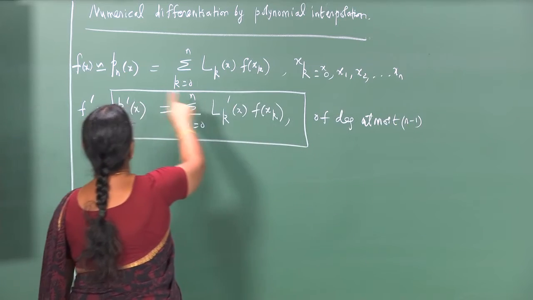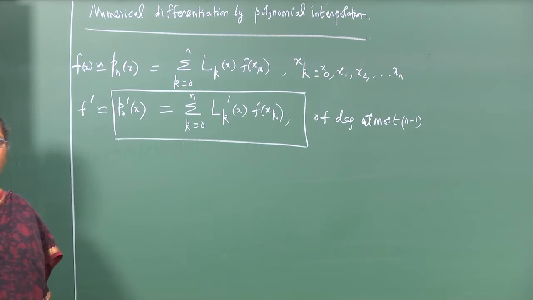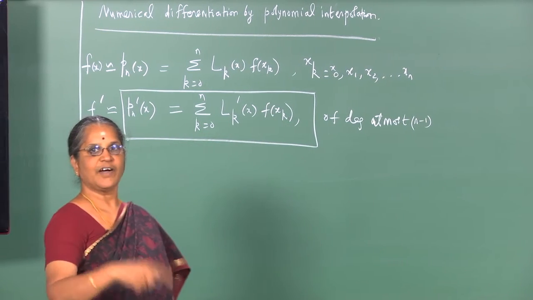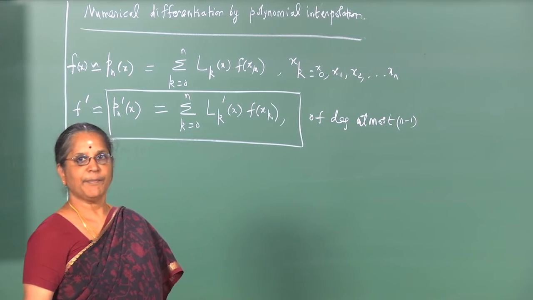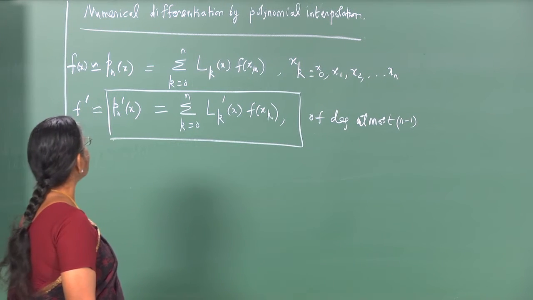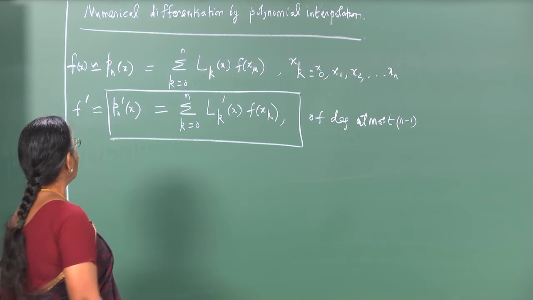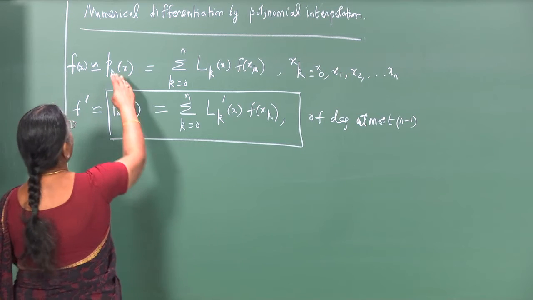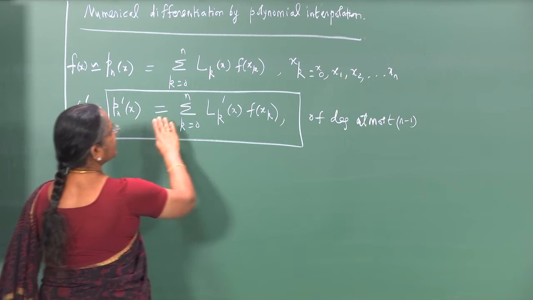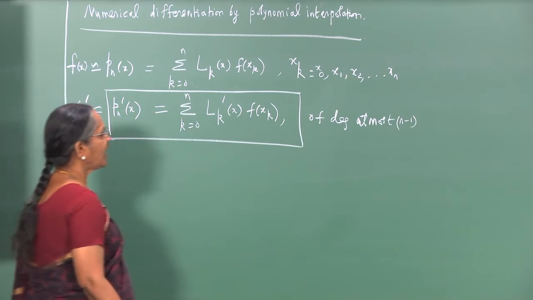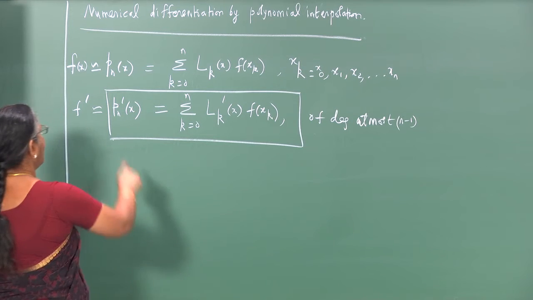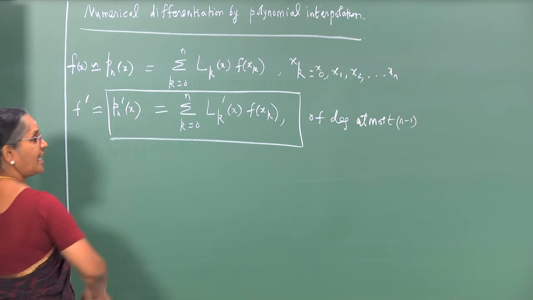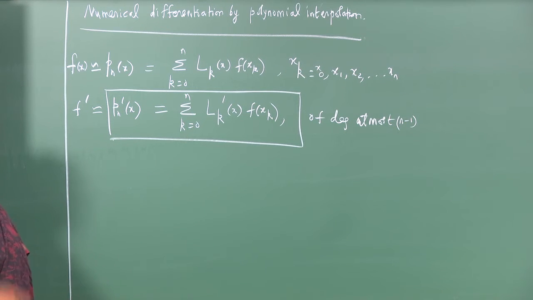So, here Pn of x is the interpolating polynomial that interpolates the function at a set of n plus 1 points, and Pn of x is of degree n. So, Pn dashed is a polynomial of degree at most n minus 1 that approximates the function f dashed, which is the derivative of f.